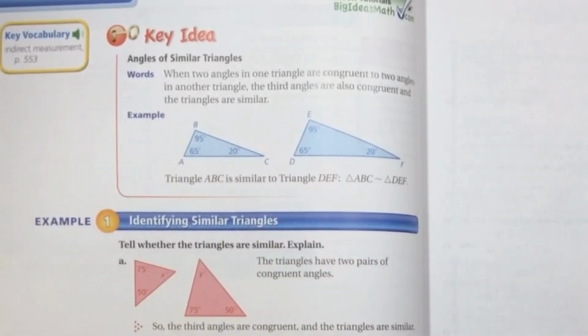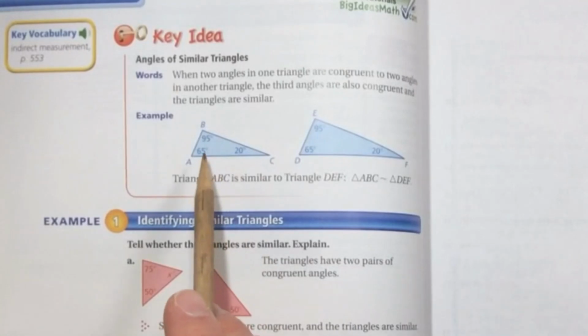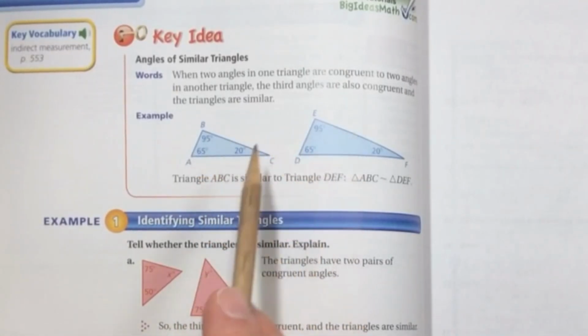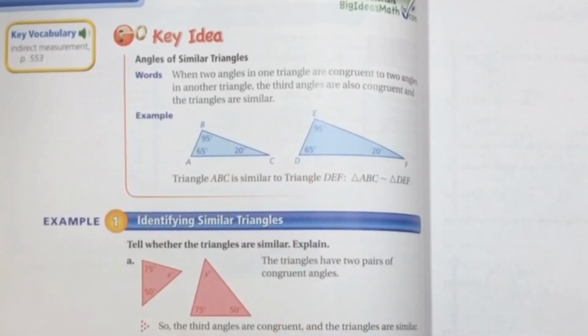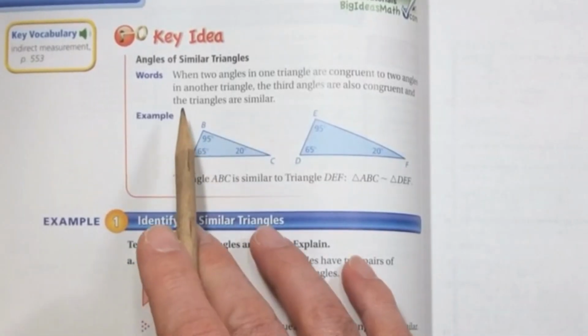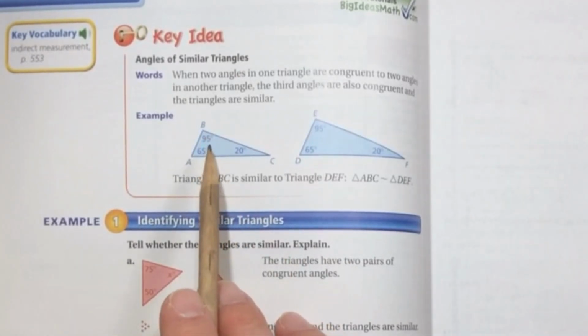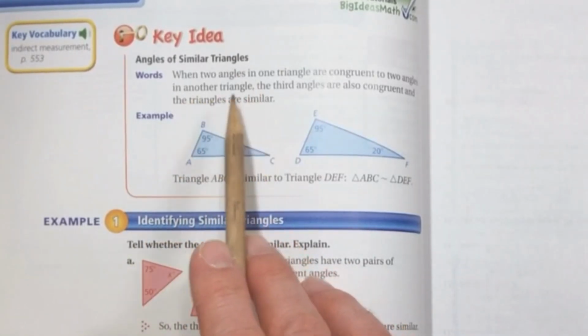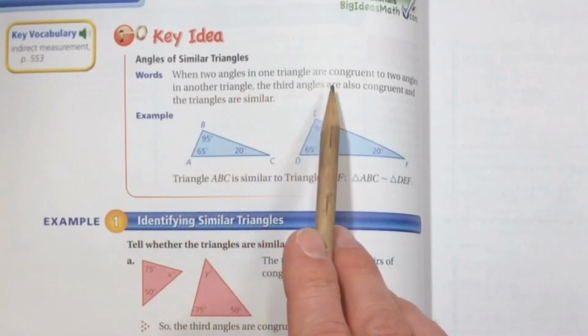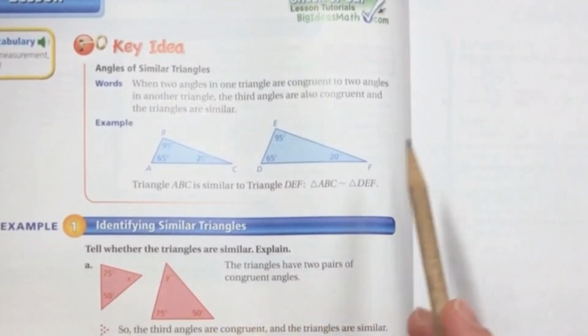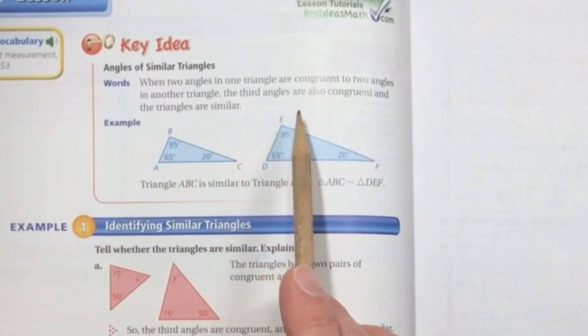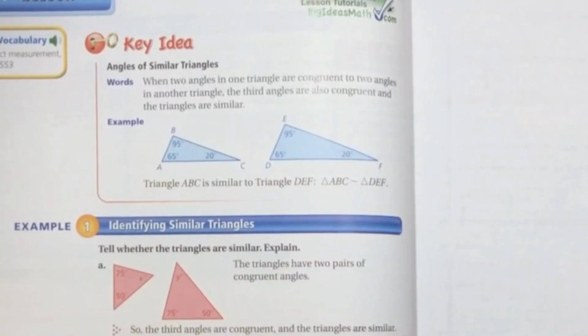Also remember that when we have similar figures, the corresponding sides are proportional, and we'll get to that in a minute. But first, let's make sure that we understand how to identify similar triangles. Here it says when two angles in one triangle are congruent to two angles in another triangle, the third angles are also congruent and the triangles are similar.